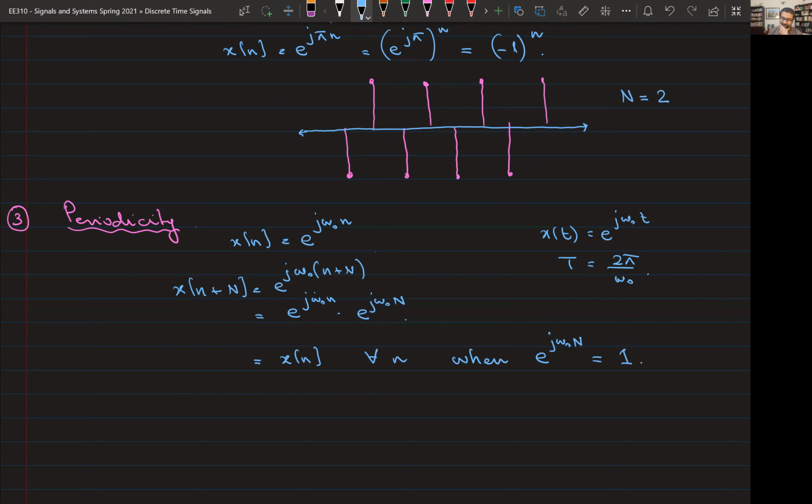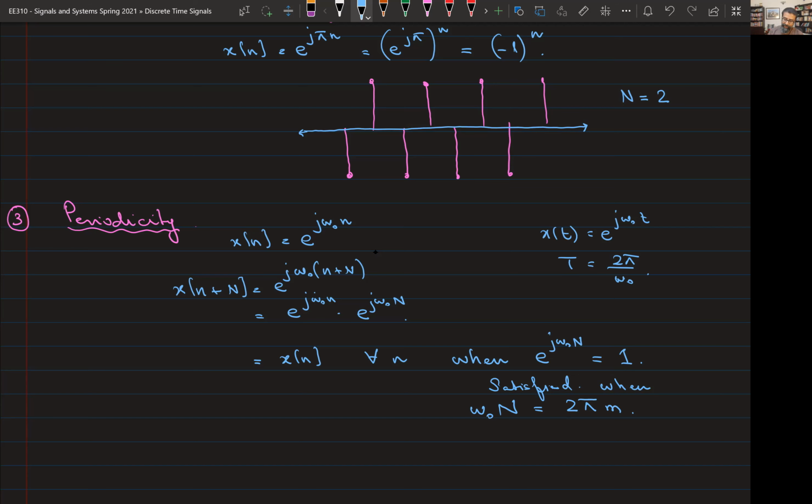Right? When is e raised by j omega naught capital N equal to 1? This is satisfied when omega naught times capital N turns out to be some integer multiple of 2 pi. Because if it turns out to be an integer multiple of 2 pi, that's when e raised by j omega naught capital N equals 1.